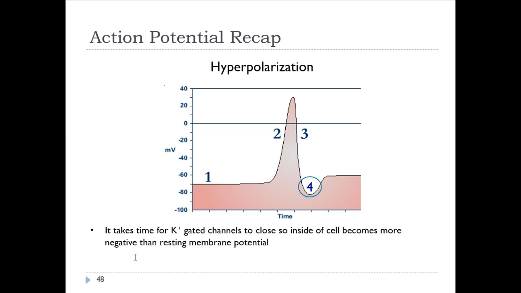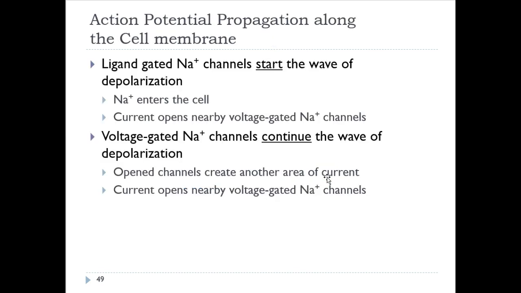Now we're at hyperpolarization, so we're going to be even more negative than we really need to be. We're going to be maybe at minus 90 millivolts, excuse me. So it takes time for the potassium gates to close, and that's going to create a slightly more negative response, and then finally we're going to go back to resting membrane potential.